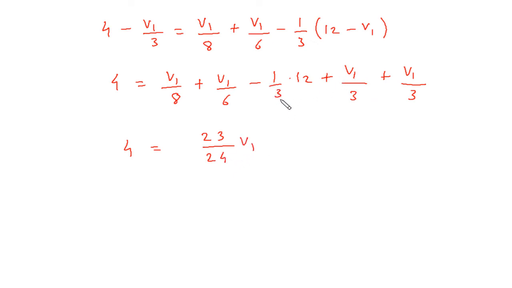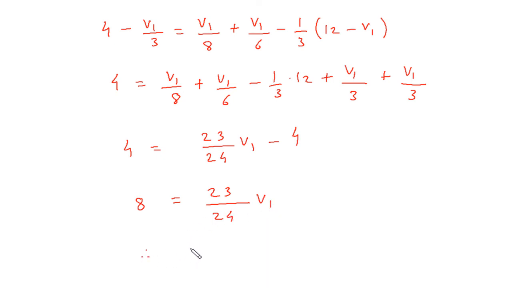So this 4 goes on the right side, so this will be 4 plus 4, 8. 8 is equal to 23 by 24 V1.